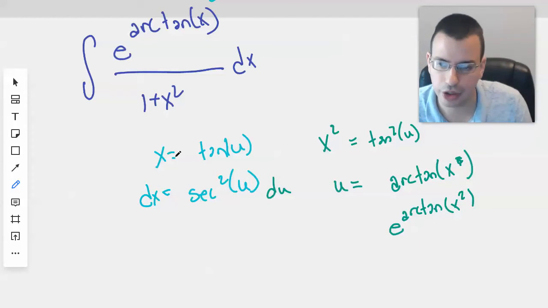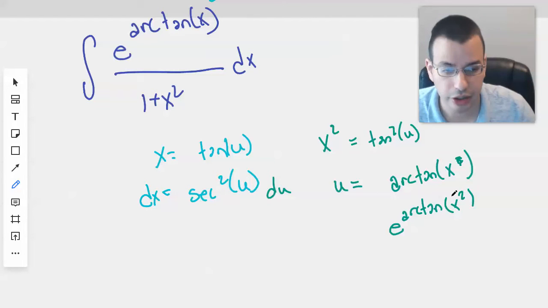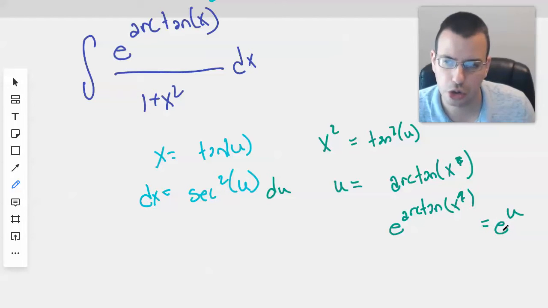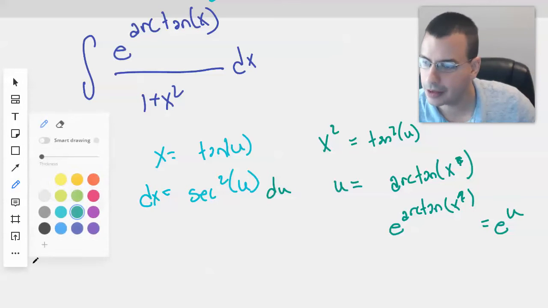Get rid of the x squared there because u equals arctangent of x, not x squared. So e to the arctangent of x would be e to the u. Okay, I'll put that in the back of my mind. Moving on.